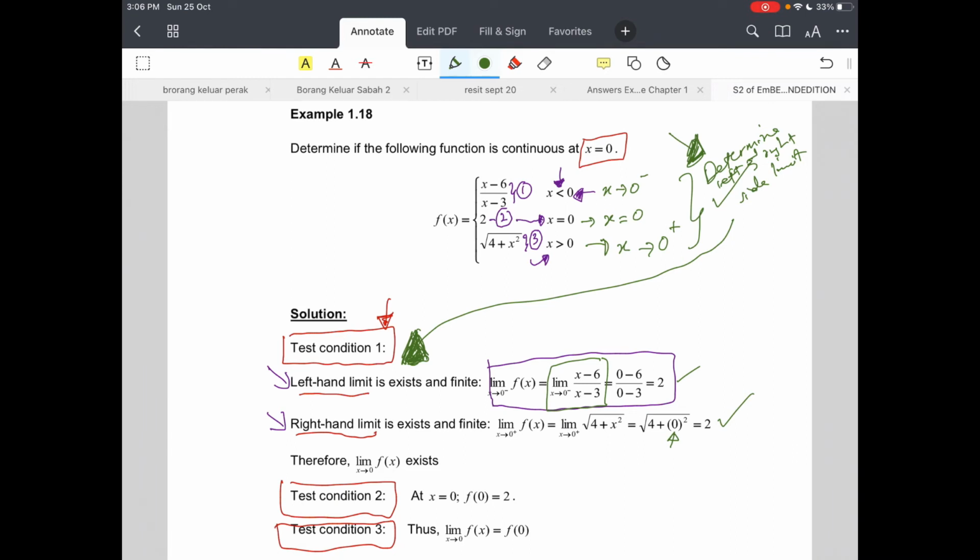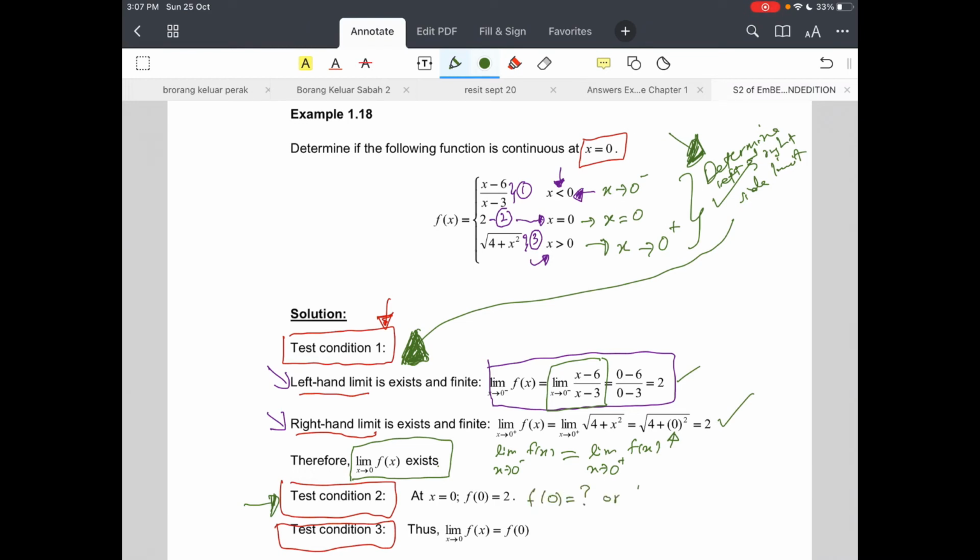And then we can say that the limit as x approaches 0 exists, since the limit from the left side is equal to the limit as x approaches 0 from the right side. Okay, now we can happily test condition number 2. So at condition number 2, we are looking for f(0).